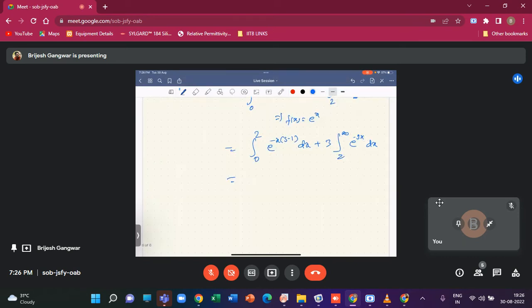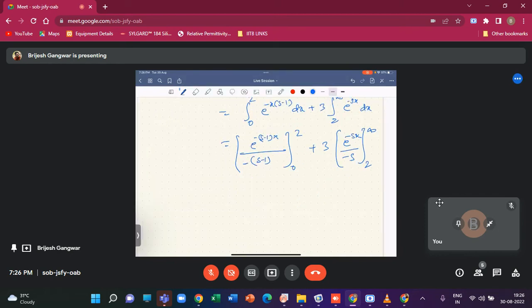So we get e to the power minus (s minus 1)x upon minus (s minus 1), from 0 to 2, plus 3 e to the power minus sx upon minus s, from 2 to infinity.